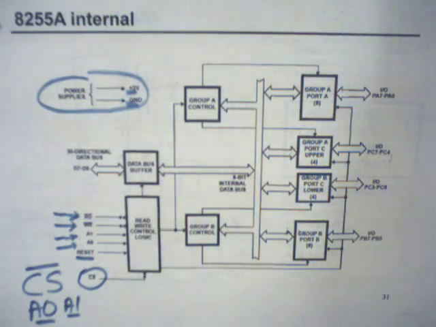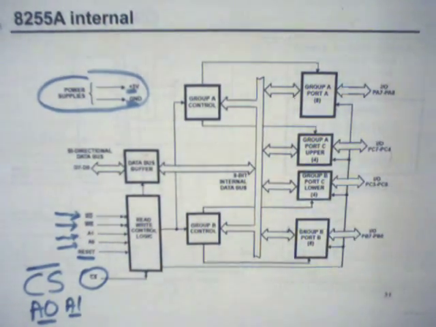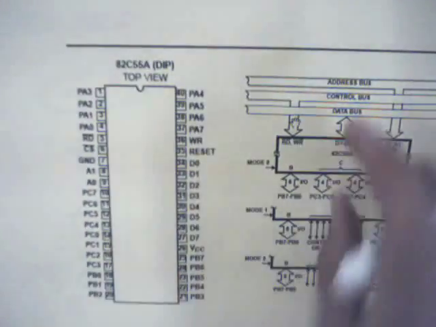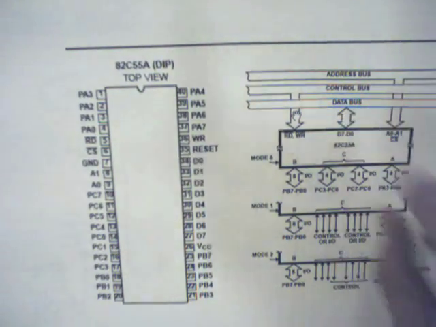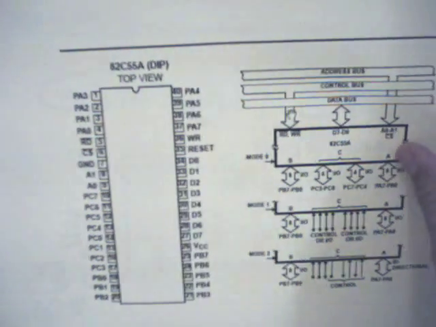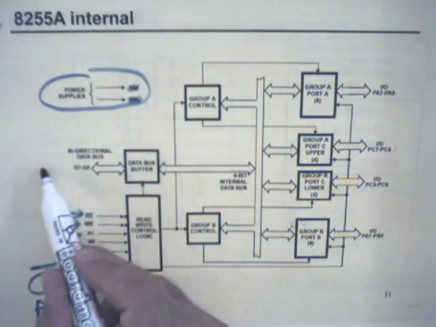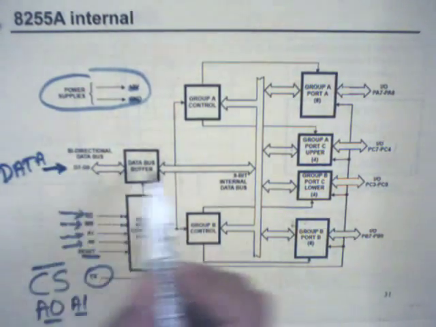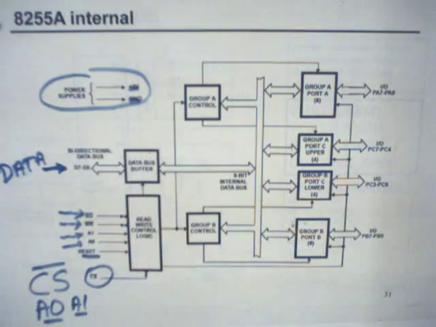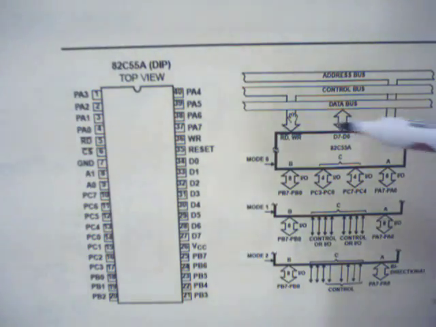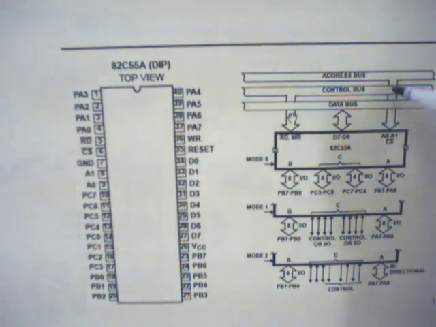So from the previous slide, you remember this, okay? The data bus is the outside circuitry. 8 bits data enters from here, okay? So from outside, data is transferred via here. These control pins are here and there, okay?